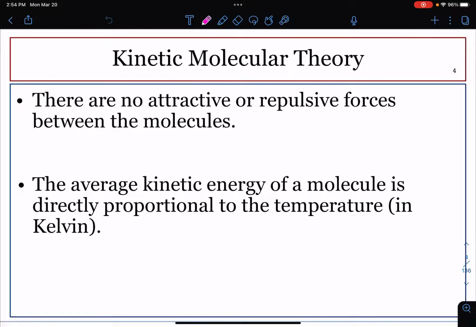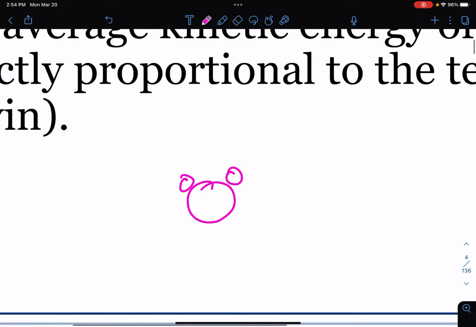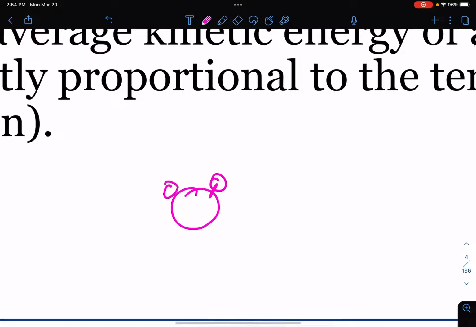Later on in this chapter, we will learn about liquids and how, let's just say a water molecule, here's our oxygen, and then the two hydrogens are usually located in a bent shape on the molecule. We know that we've got covalent bonds between the oxygen and the hydrogens, and the oxygen and the other hydrogen.